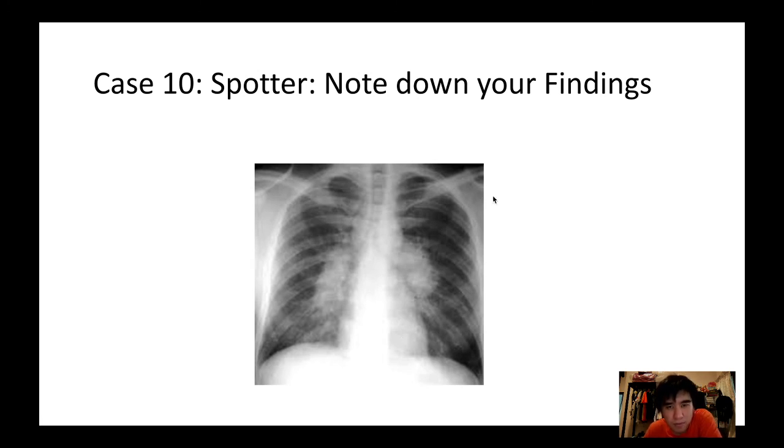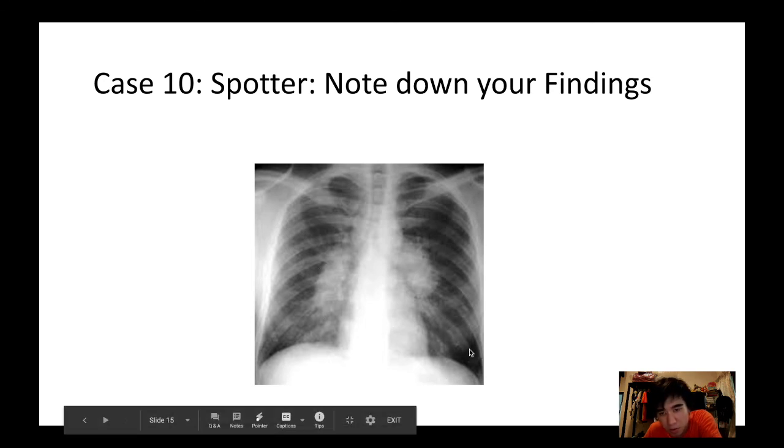Is this the last one? Okay. There are perihilar masses bilaterally. What could be causing this? And surrounding fibrosis as well. No lung markings here. What's going on? But the quality is really bad.